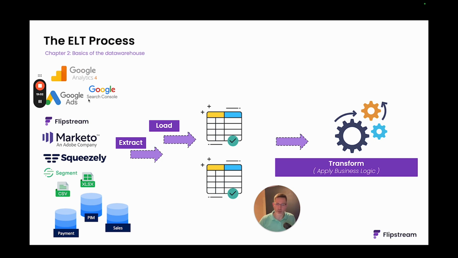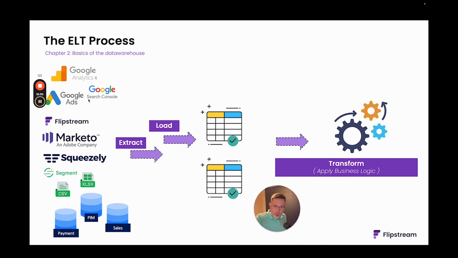Way easier to revert things, way easier to literally redo computations if you really need to do that. And therefore, this approach where you're extracting and loading it so that you just have it on-prem and then owning the business logic creation and definitions and transformations yourself is actually the way to go.